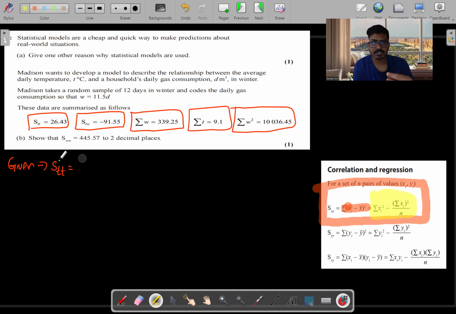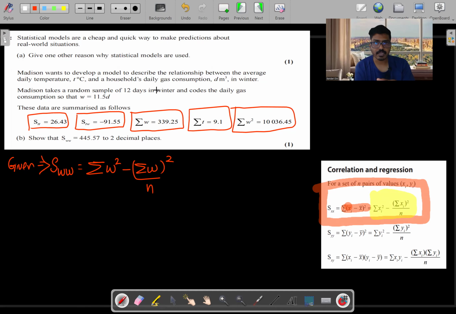Similarly, here our equation is SWW. Here it is SXX, and here it is SWW. Only the variable is different; here the variable is W. So in this case, I can write SWW is equal to the sum of W square minus the sum of W whole square upon n.